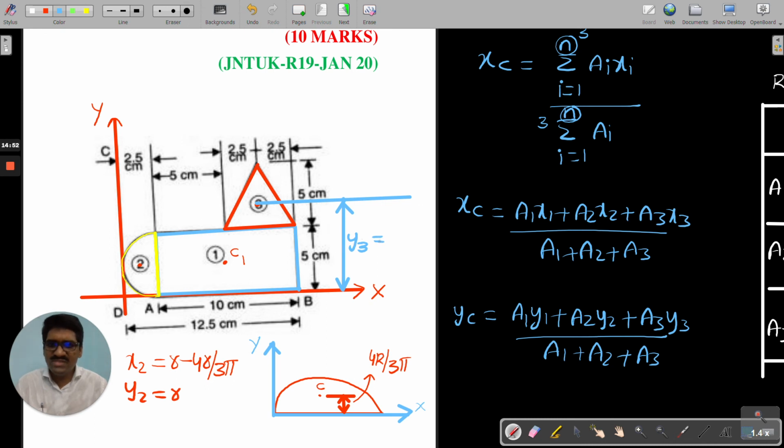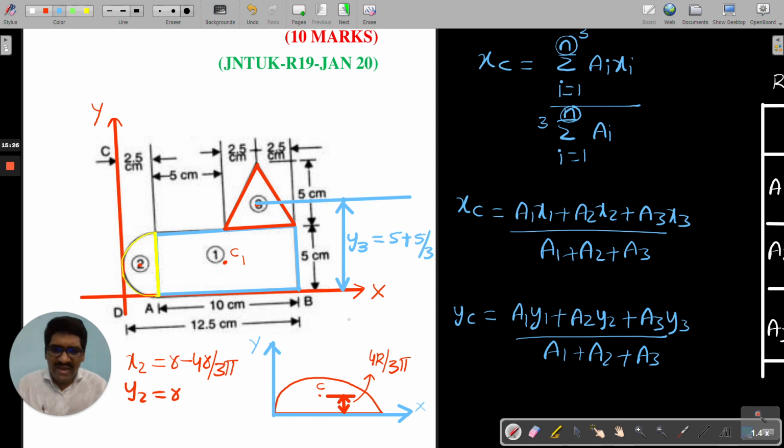So y3 will be how much? This height is 5 plus, this is my reference axis, this is the position of the centroid. What is this height? Can I say this becomes 1/3 of the height or not? If total height is h, the position of the centroid from the base will always be h by 3. Therefore I take 5 plus, total height 5 divided by 3.